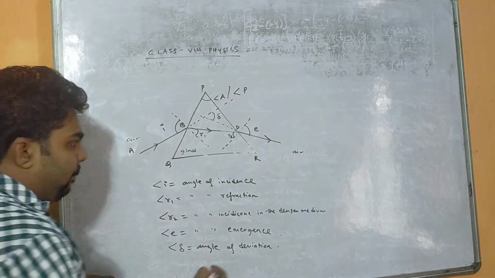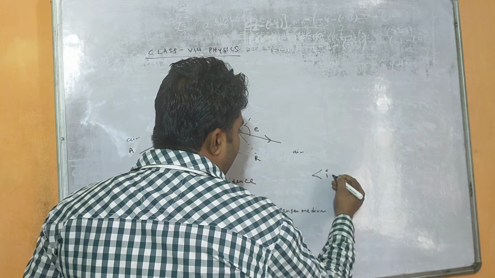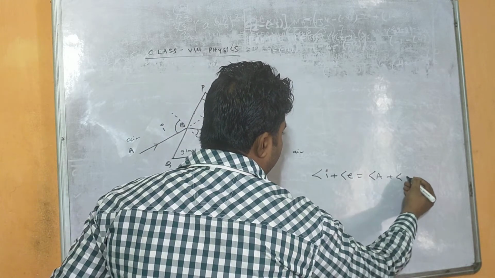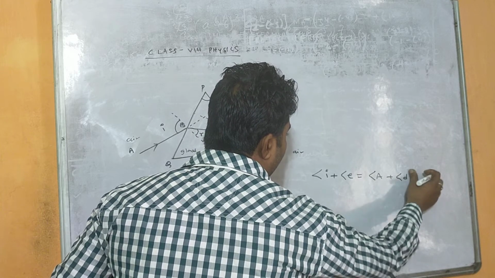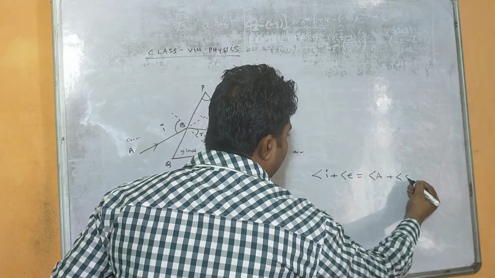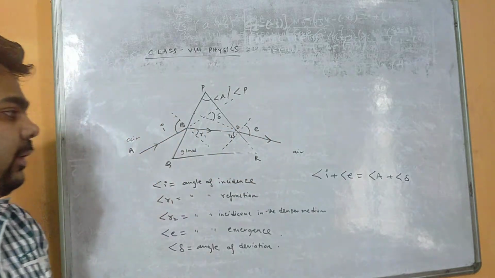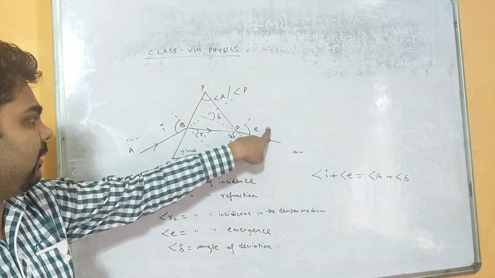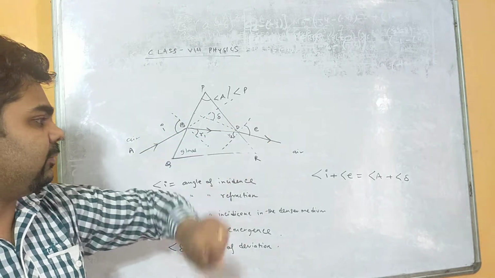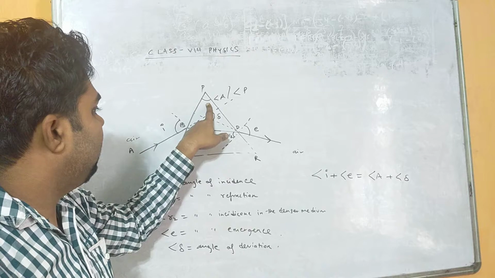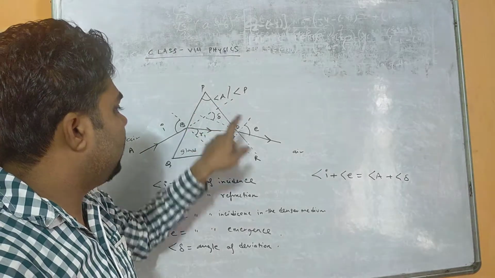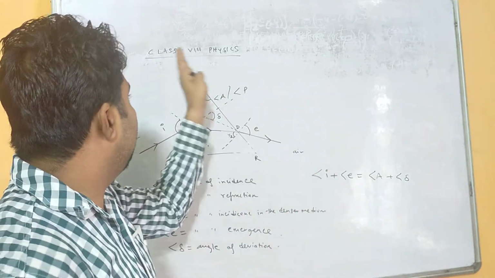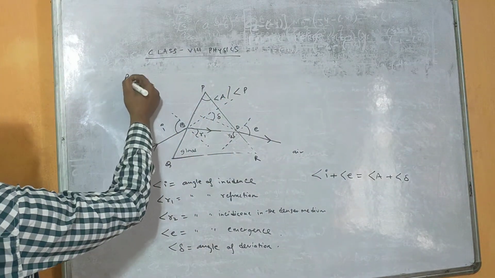So you see, angle I plus angle E must be equal to angle A plus angle del. Measuring the angle of incidence plus the angle of emergence, it has been found that it equals the angle of prism plus the angle of deviation. So this is refraction through a prism.